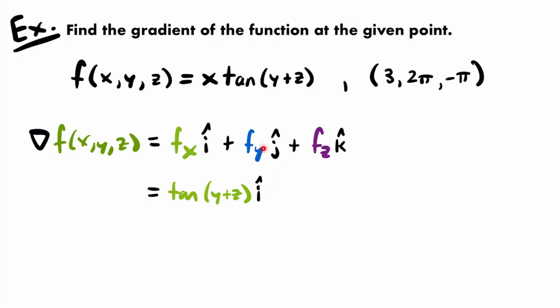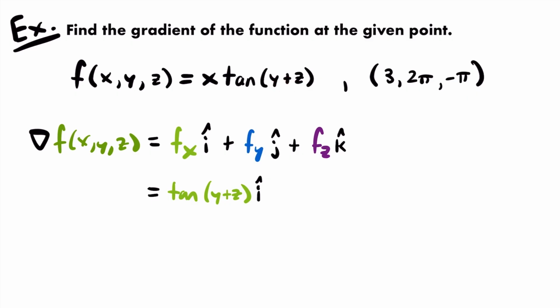And then let's do the partial with respect to y. Now x would be a constant. It's the coefficient of this tangent function. And y is inside the tangent function. So we do need to take the derivative of tangent now, but then don't forget to multiply by the derivative of the inside function, which in this case would just be 1. You don't really have to worry about that. Y to the first power, the derivative of that is 1, and then z would be a constant with respect to y, so its derivative is 0.